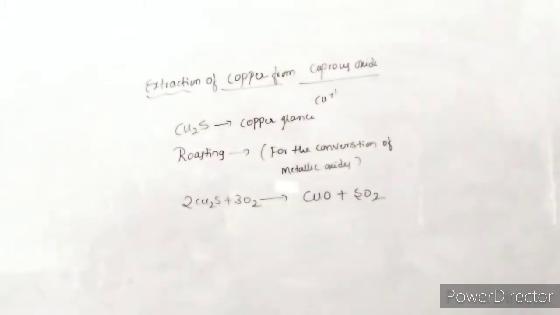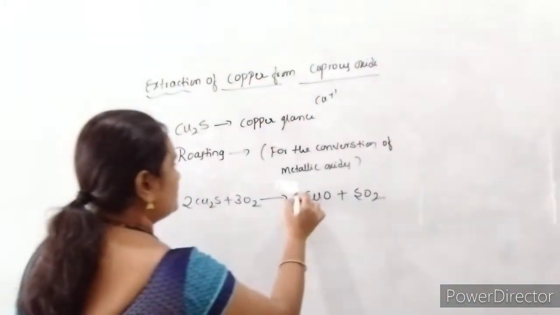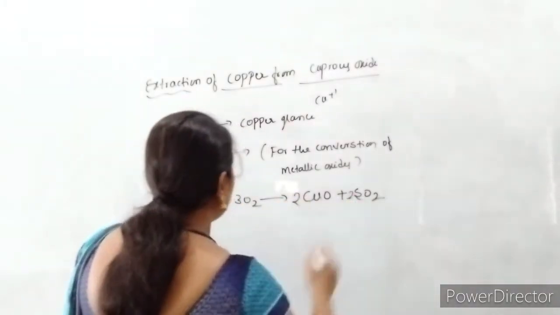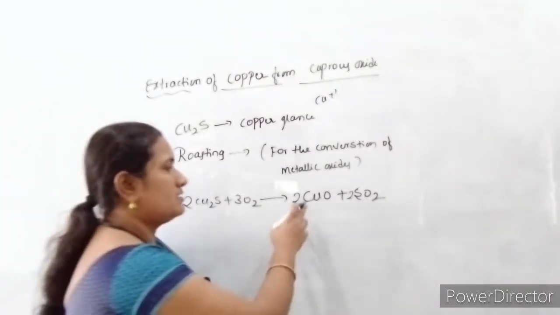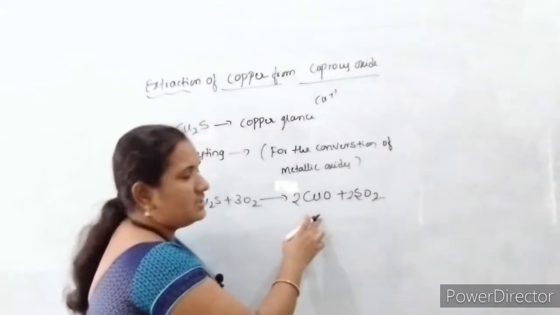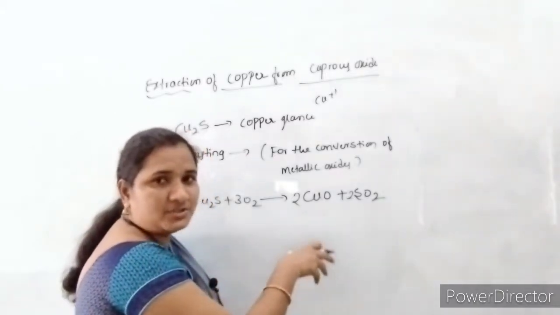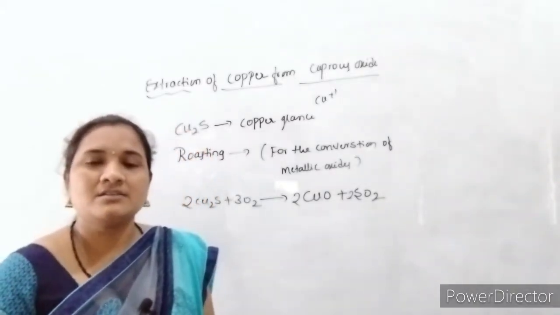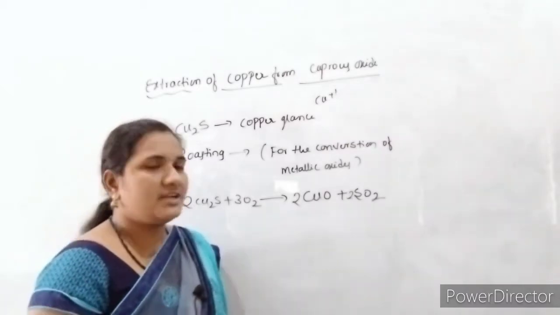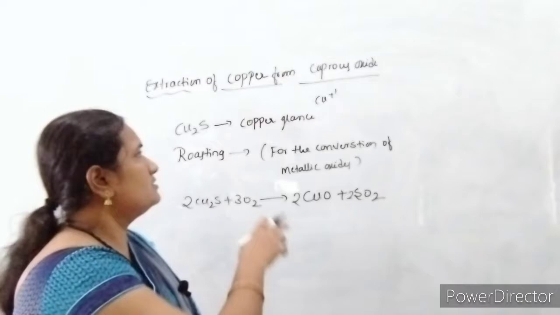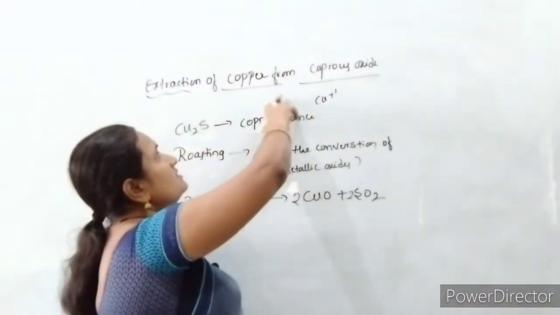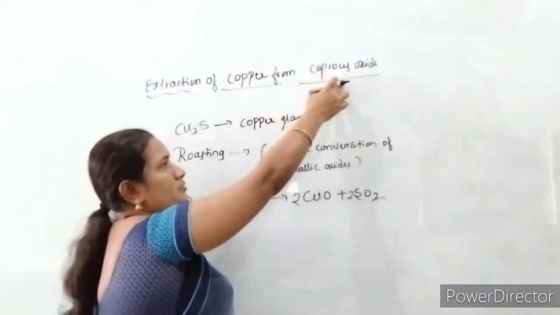Okay, so we have to balance the equation. Here there are coppers and SO2. In this way we get the oxide of copper. Further, this copper oxide can be reduced by using carbon or coke. In this way we reduce the copper oxide. That is why this is called the extraction of copper from cuprous oxide.